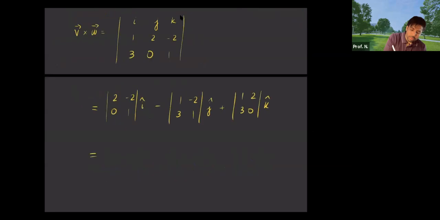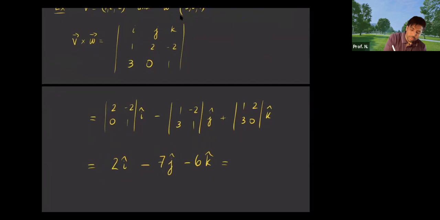The determinant of this would be 2. The determinant of this would be 1 plus 6, which is 7, so with the minus it is -7. And the determinant of this would be -6. So this here would be the vector (2, -7, -6).